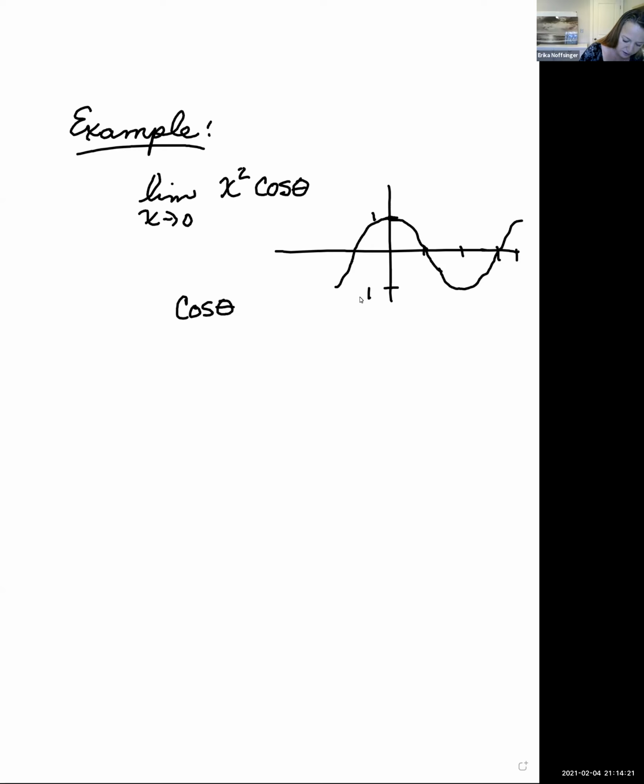So hopefully you agree with me that cosine theta, that value is always going to be bigger than or equal to -1, and it's going to be less than or equal to 1. Okay, so that's a true statement. And maybe instead of theta, I should have probably said x. They should be the same variable.